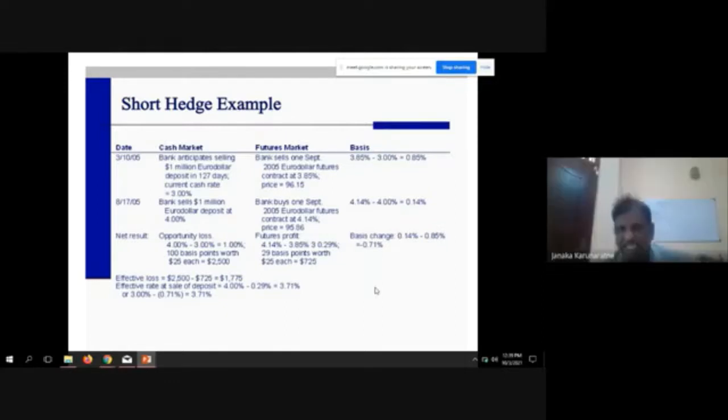Exactly. As a result of this futures hedging, we saved 725, and our effective loss would now be 1,775. So this is not a perfect hedge, but we have reduced the risk of rising interest rates. If we didn't have a hedge, we would end up with an additional cost of 2,500, but now we end up with only 1,775. That means even though the cash rate is 4%, because of this 0.29 increase in the futures market, the effective rate we are going to pay is only 3.71.